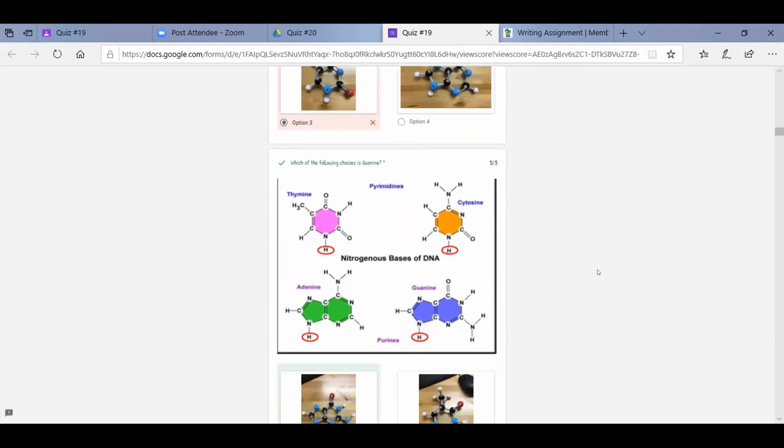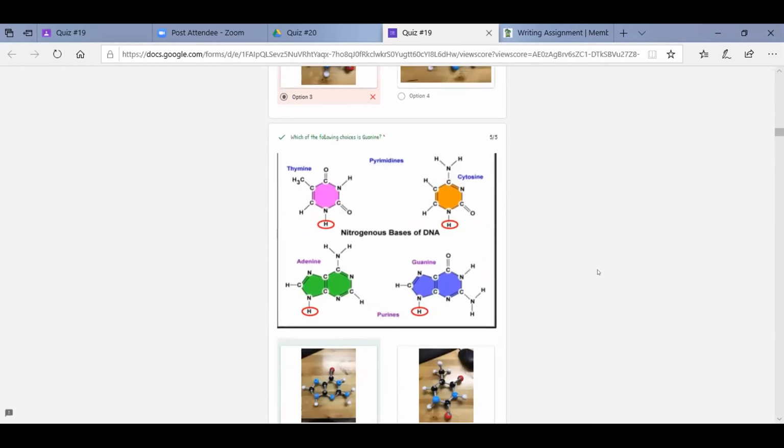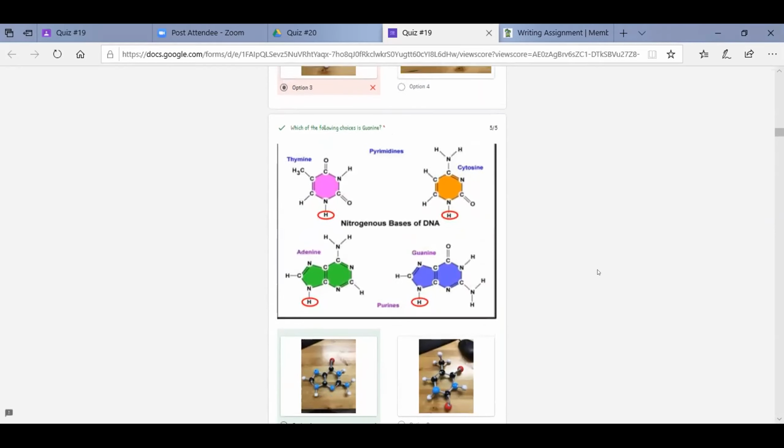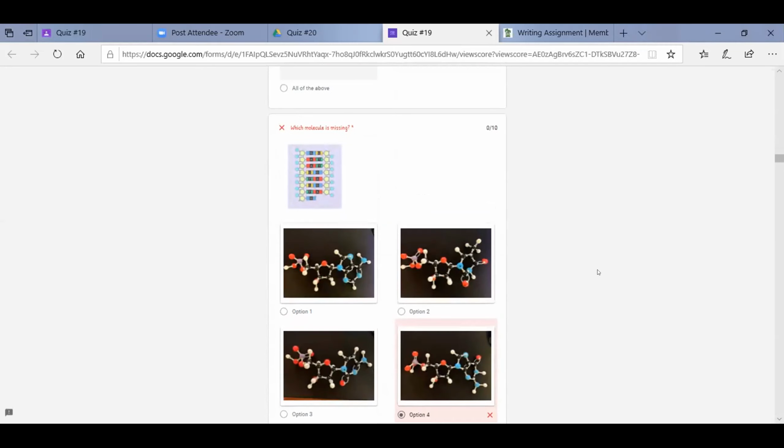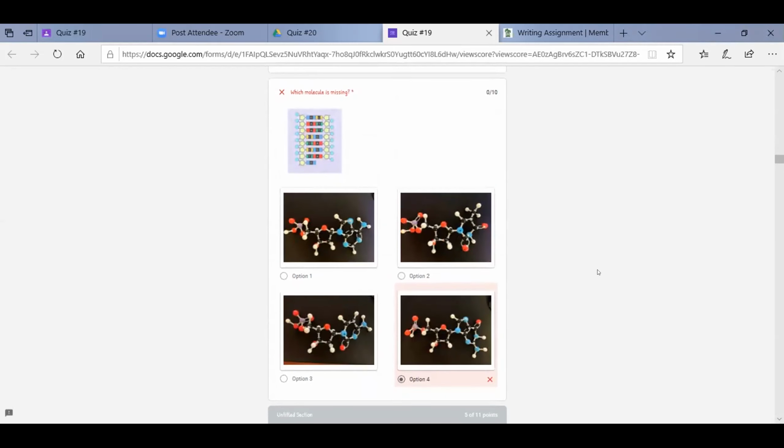What's unique about cytosine? It has one oxygen and one nitrogen. No, one ring. One ring. Okay. So which one of those has one oxygen and one ring?